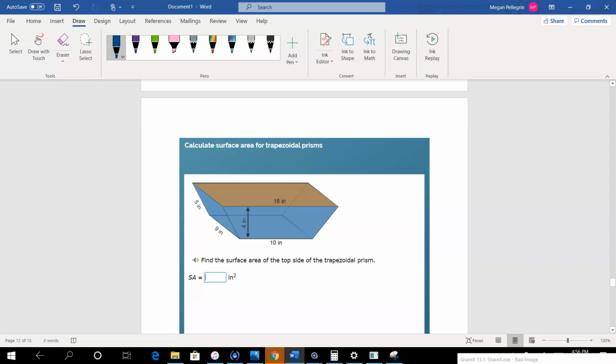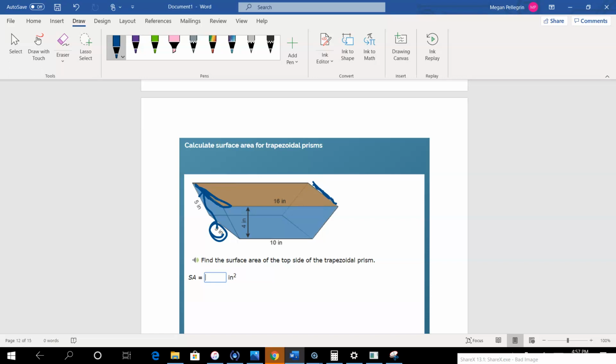Then in brown, we're looking at the rectangle at the top, which is 16 by this measure right here. Well, there's not a measure here, so let's go look over here on this side. Well, there's not a measure right there. However, there is this 9 right here, and it is parallel, so this is also 9.